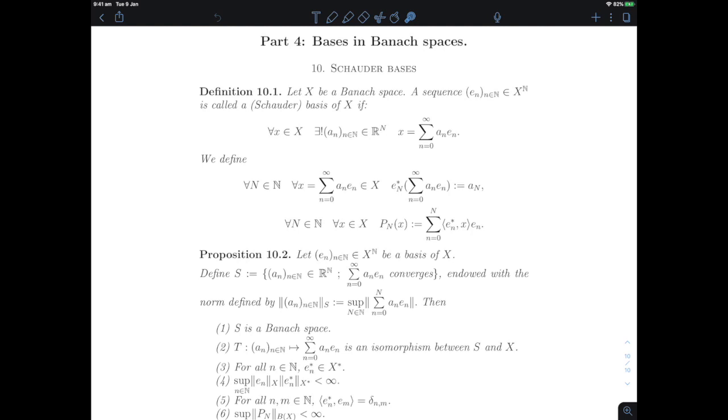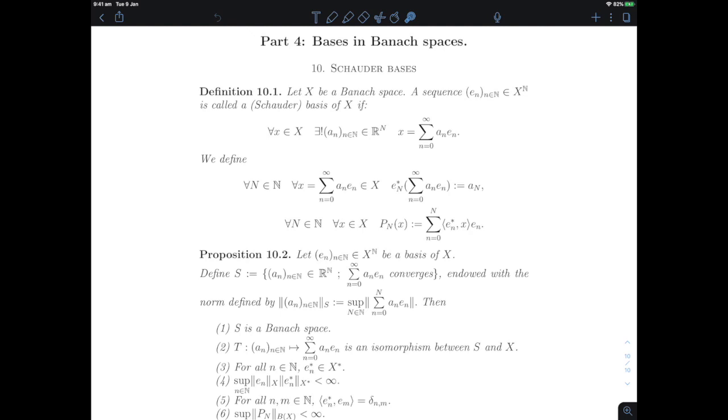Now, we don't have a concept of orthogonality because we cannot identify the Banach space with its dual. But as always, we recover some idea of orthogonality by looking not just at the Banach space, but at the pair formed by the Banach space with its dual.